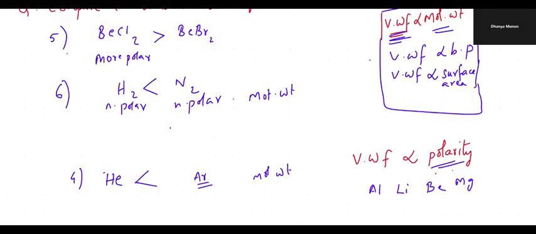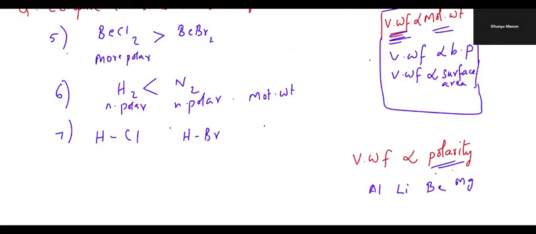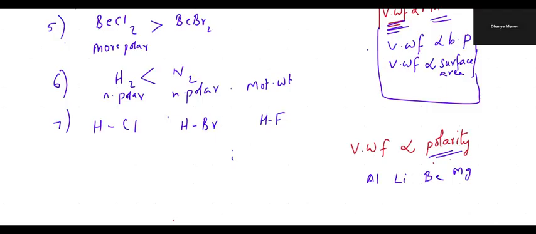Okay, now the next one is hydrogen chloride, hydrogen bromide, hydrogen fluoride. If the force is the same, we check the molecular weight. According to the molecular weight, hydrogen bromide has a higher van der Waals force than hydrogen chloride.